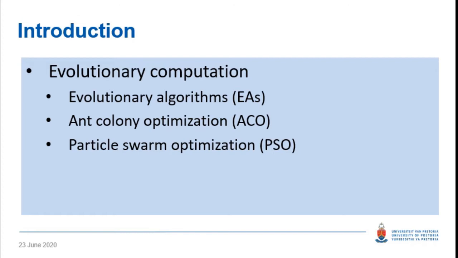In this course, the two other types of evolutionary computation technique that we're going to look at is ant colony optimization, which we're going to look at in today's lecture, and particle swarm optimization, which we're going to look at in tomorrow's lecture. So like evolutionary algorithms, ant colony optimization is a meta-heuristic.